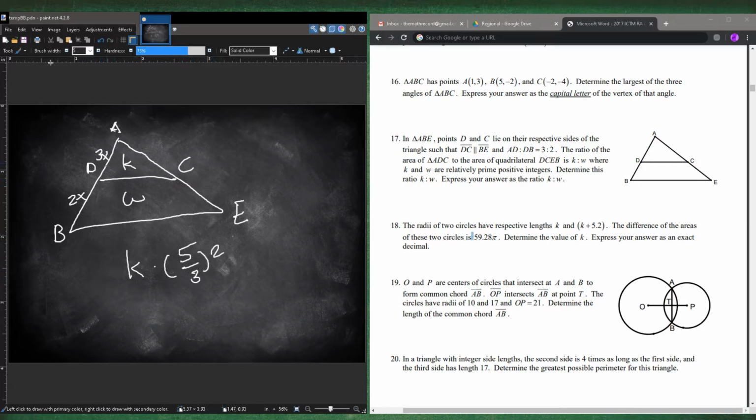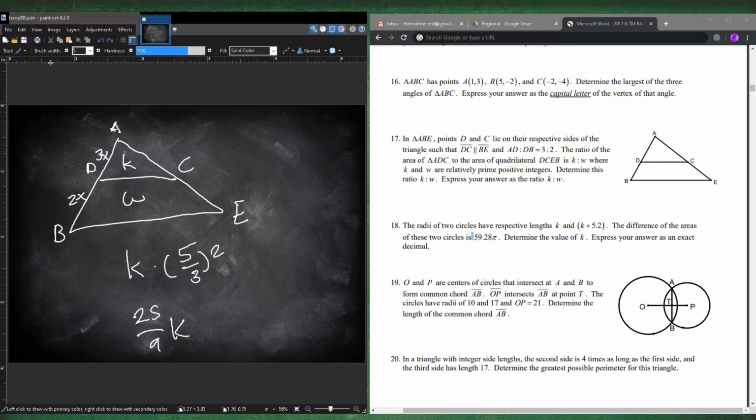Whatever that proportion is, 3x plus 2x, that's 5, and then 5 over 3, because that's the entire length over this length, and then squared. That's a general formula that you just need to know for how to scale areas. So this big area, which is K plus W, is equal to 25 over 9 K.